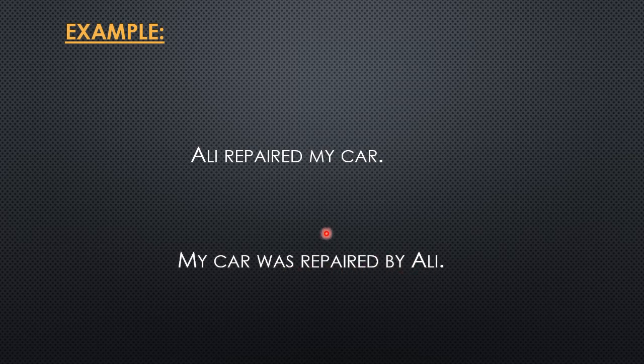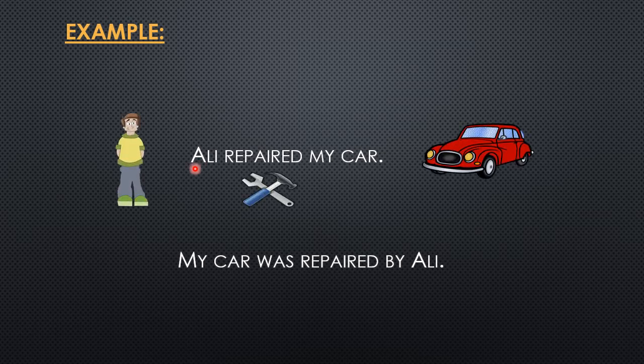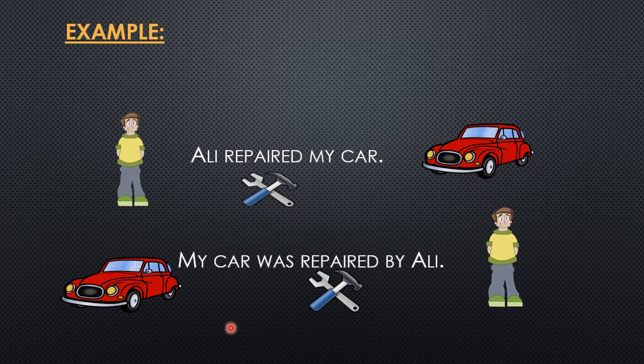So in the active sentence, Ali repaired my car, and in the passive sentence, my car was repaired by Ali. So you can see that the subject has become the object in the passive voice sentence, and the object of the active voice has become the subject of the passive voice.